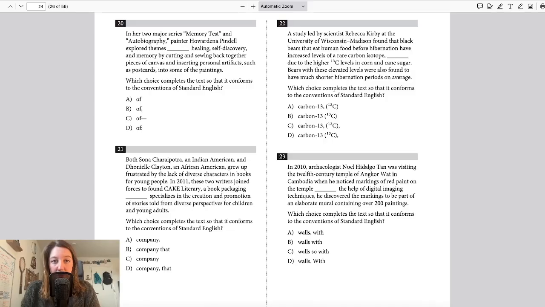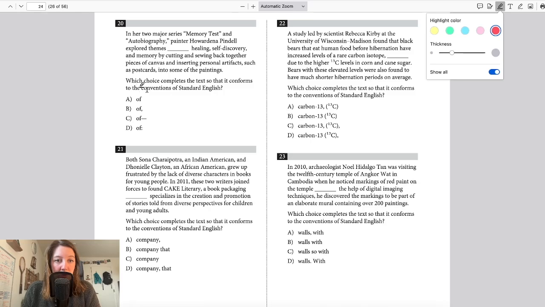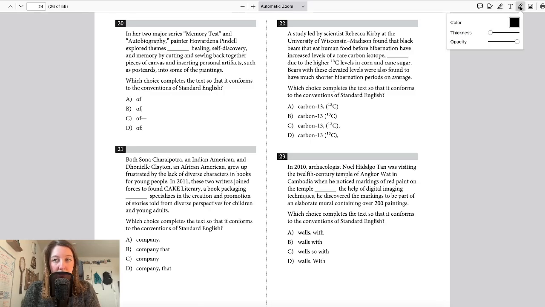So let's dive in. Okay. So this one, we're just going to try to identify the type of question that we're looking at first of all. This one is asking us to complete the text so that it conforms to the conventions of standard English.